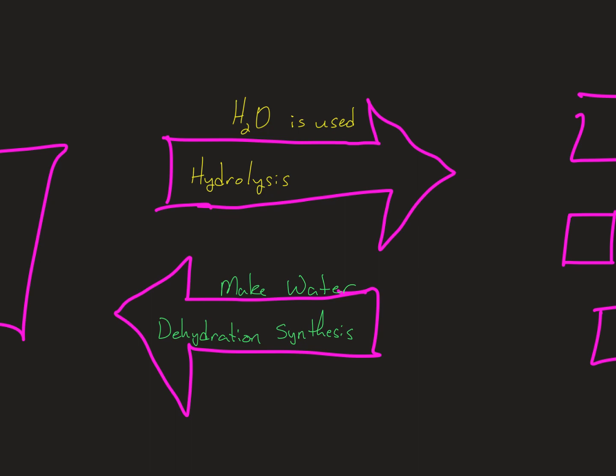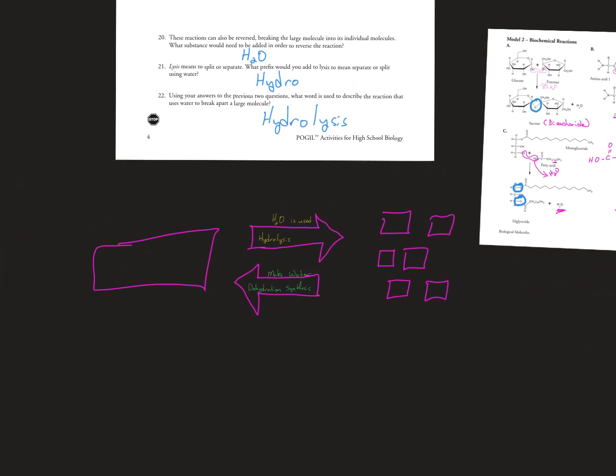That's why it's called dehydration. So to build things up, use dehydration synthesis. To break things down, you'd use hydrolysis. You're using water to break things up. You're making water when you build them up, to make something, a large biomolecule. This is a biomolecule.